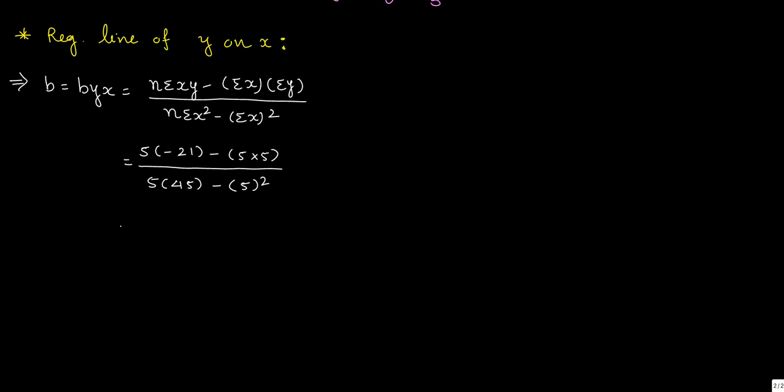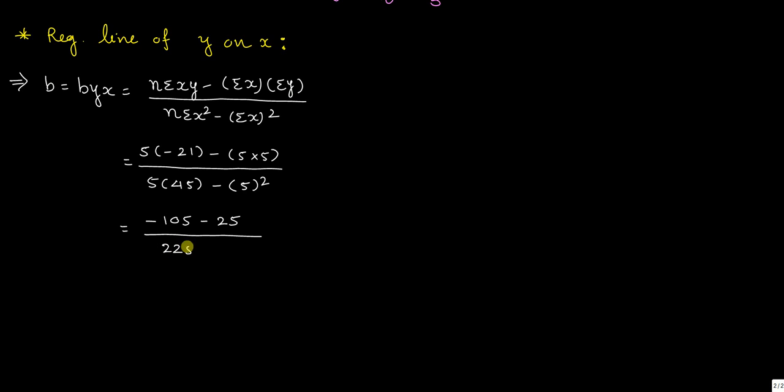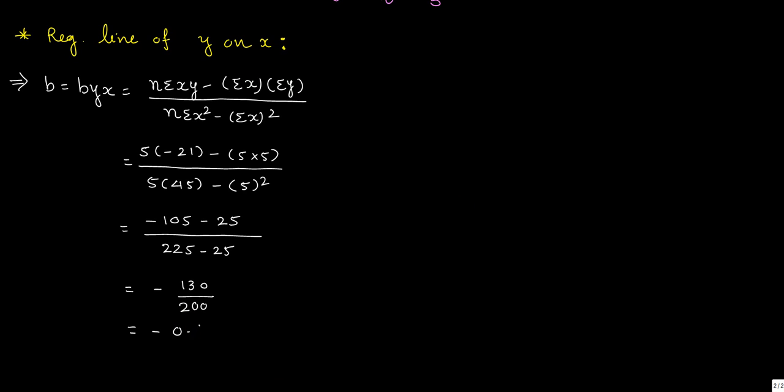So it is equal to 21 into 5 minus 105 and 5 into 5, 25, upon 45 into 5, 225, minus 25. Okay. So in the numerator what is left is 105 minus 25, which is minus 130, divided by 200. 130 divided by 200 is 0.65, so minus 0.65.